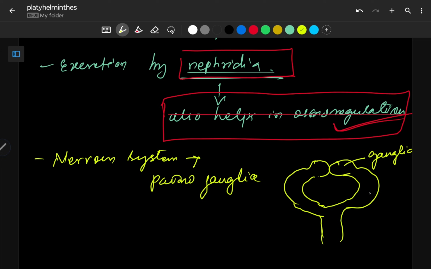Okay, and they have the nerve ring. So they have paired ganglia. You can see this is one ganglion, this is another ganglion.